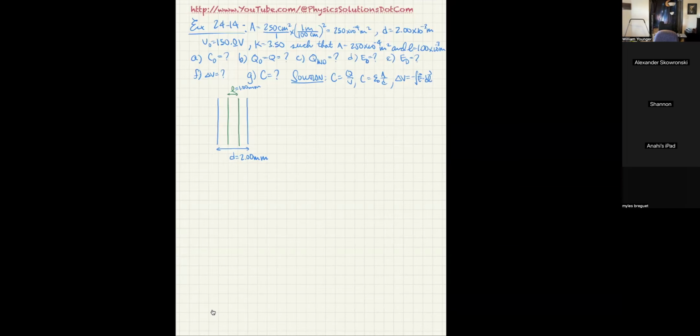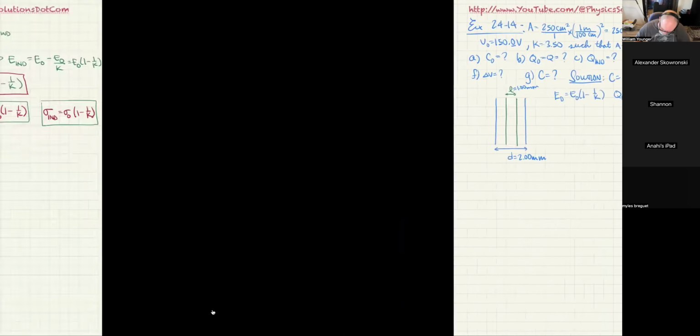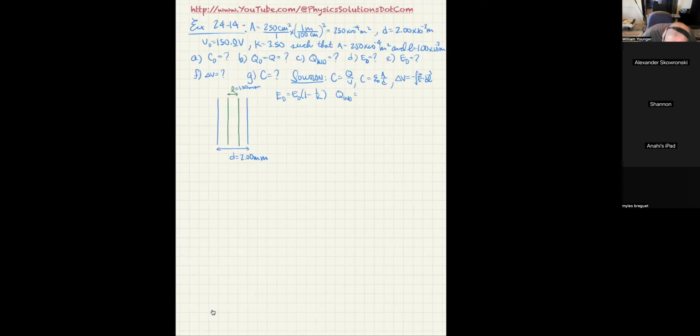We're not asked anything about energies here, but we are asked about E dielectric, which is equal to E0 times 1 minus 1 over K, and Q induced, which we just worked out, is equal to Q0 times 1 minus 1 over K. That's E induced, not E dielectric.